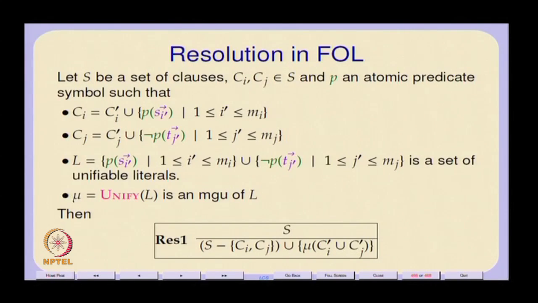Your most general unifier does not necessarily make things ground. It keeps lots of free variables, which means that as a clause it is implicitly universally quantified on all those free variables. So this is the resolution rule: I start with S and replace Ci and Cj in S by this unified Ci prime union Cj prime.